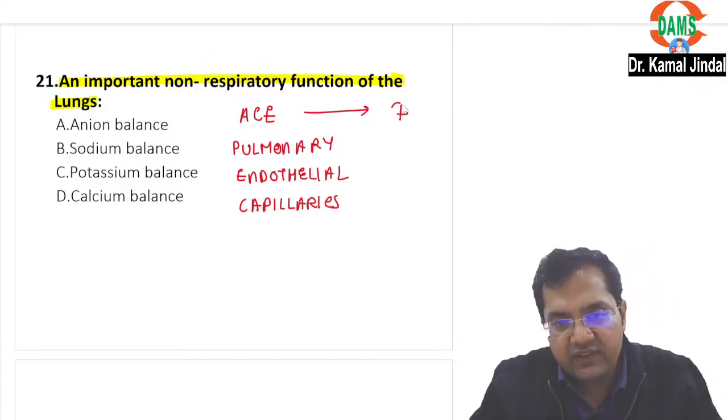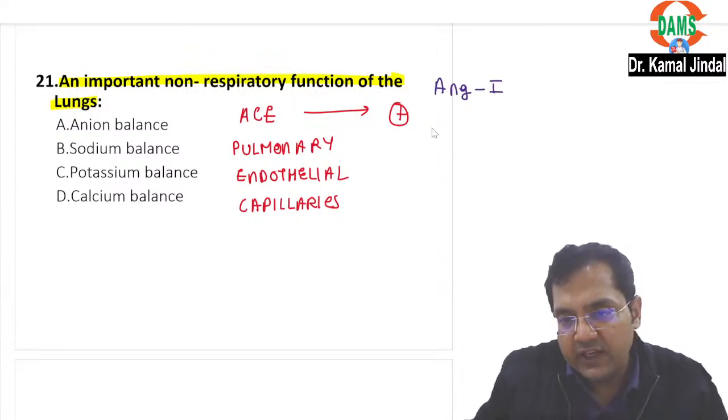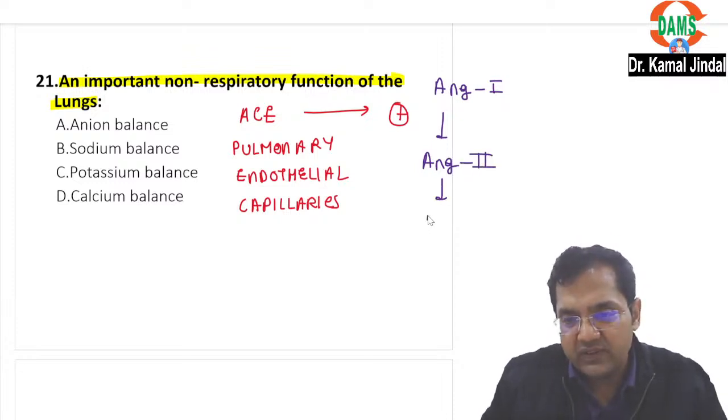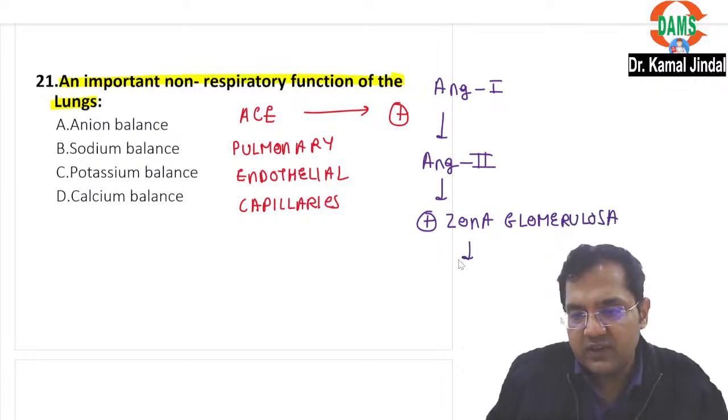ACE enzyme acts and converts your angiotensin 1 to angiotensin 2. Angiotensin 2 stimulates the zona glomerulosa layer and causes the release of aldosterone.